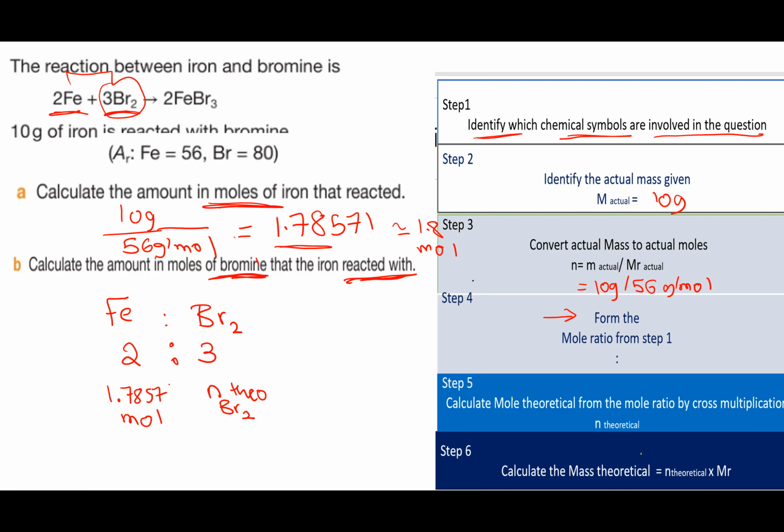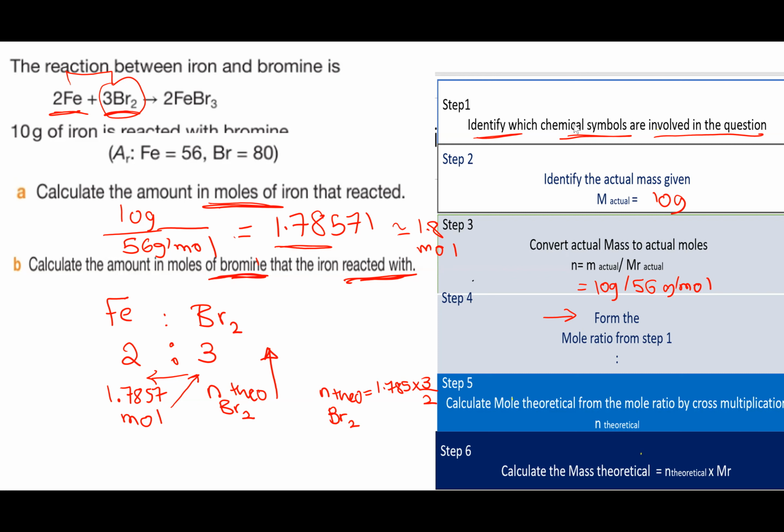And so I'm going to cross multiply, meaning I'm going to multiply this by 3 and then divide by 2. So now n theoretical is equal to 1.785 times 3 divided by 2. Now, n theoretical is of Br2 because it's what we want to calculate from the mole ratio.